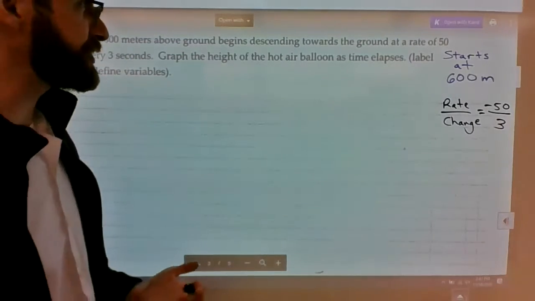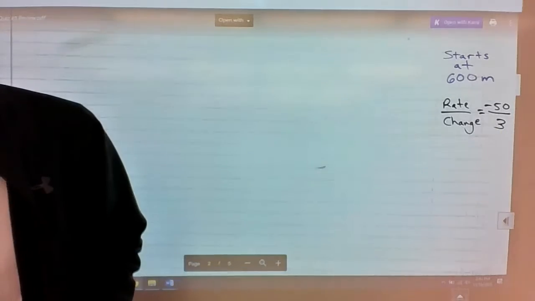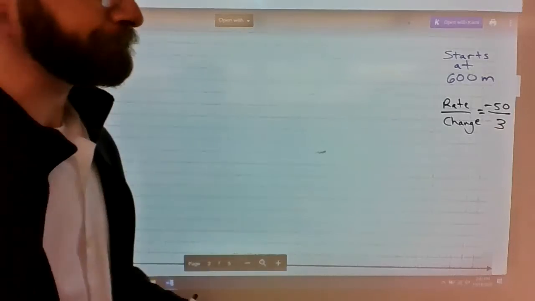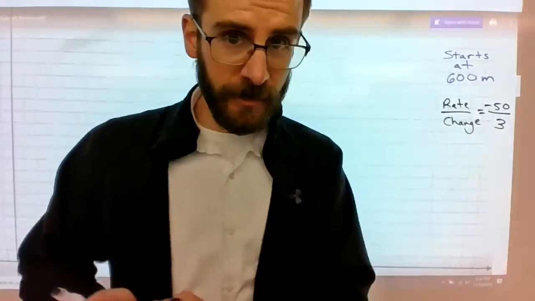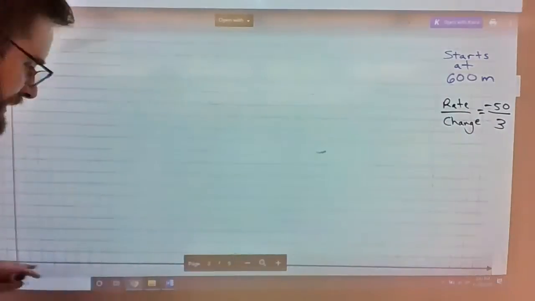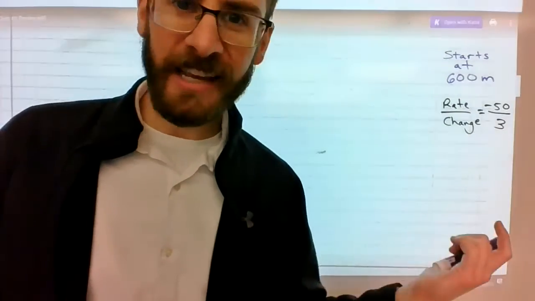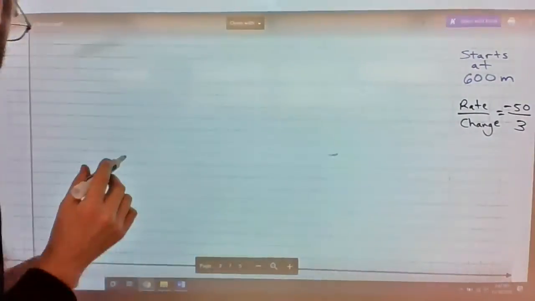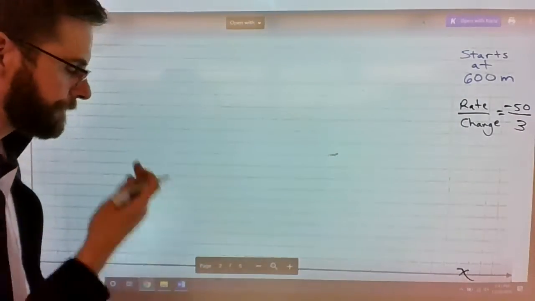So it's just asking us to graph the height of the hot air balloon. So the first thing I'm going to do is make sure I take my axes, the x-axis and the y-axis, and just label them. Let's say what's going on here. Your x represents the horizontal axis right here.